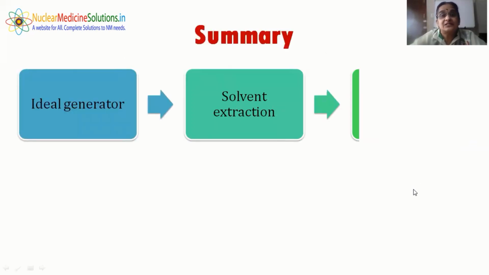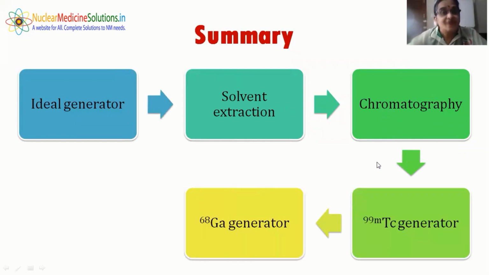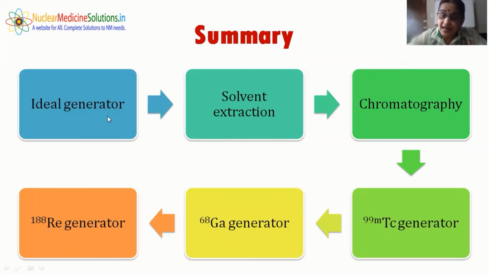So now what is the summary of this presentation? Firstly, we saw the ideal generator characteristics. Then we saw the solvent extraction method for the initial technetium-99m generator, and then adsorption chromatography as the ideal generator principle, the ideal method in which you can generate radionuclides of medical application, and the workhorse radionuclide generator using these two methods, and the gallium generator which uses column chromatography again, and the rhenium generator also is a column chromatography.